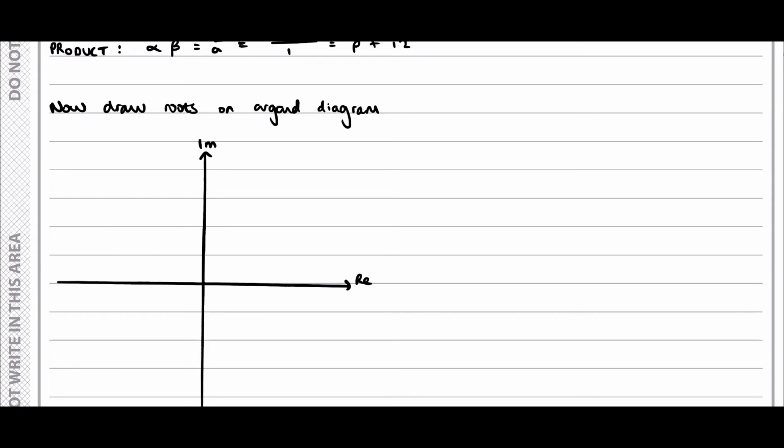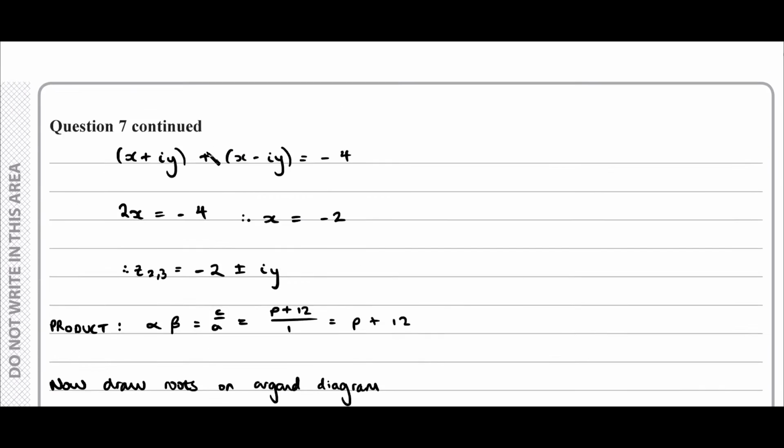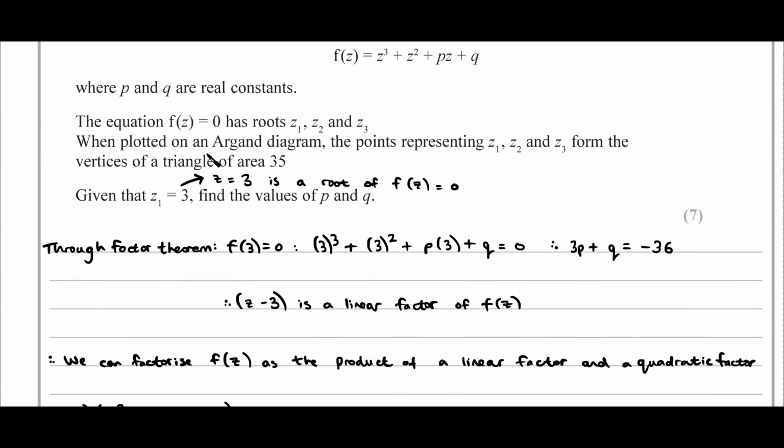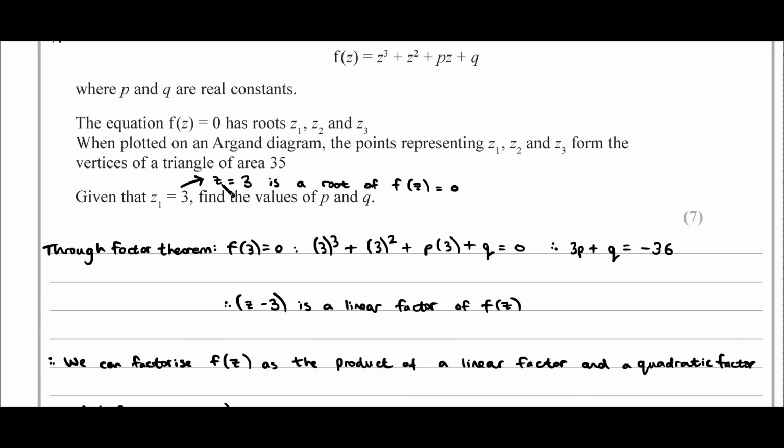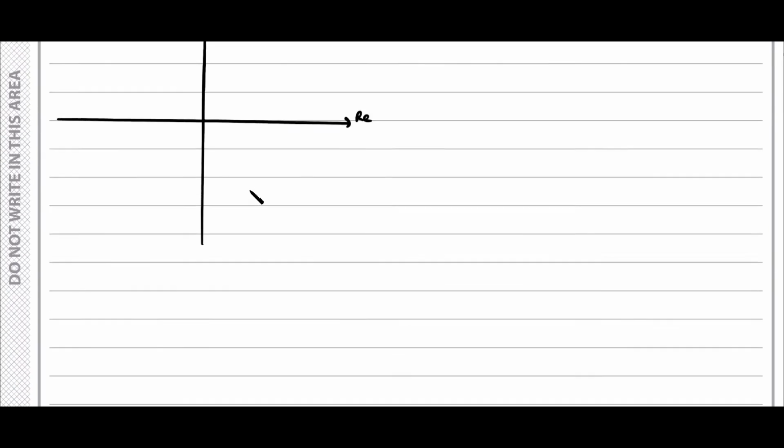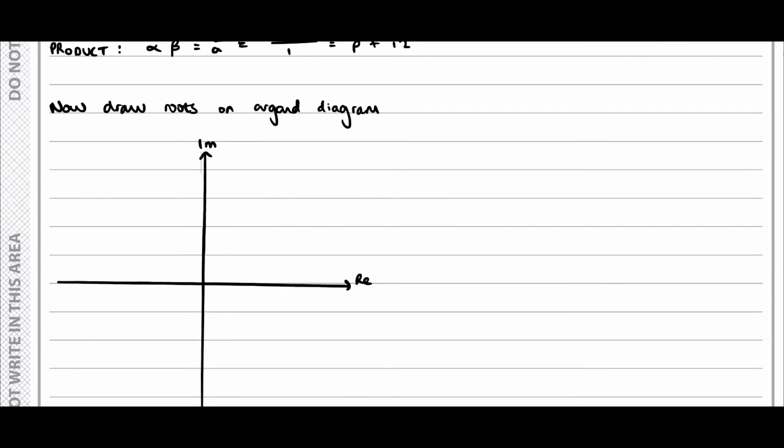So we already know that we have a real root of z equals 3. So if we sketch that on our Argand diagram, we have 3 over here. Okay, so this is 3.